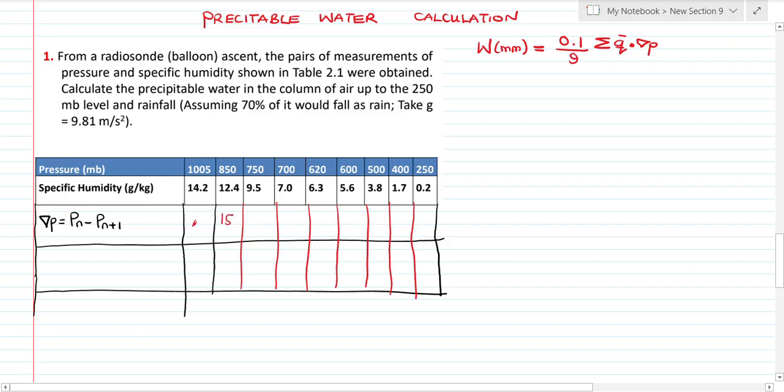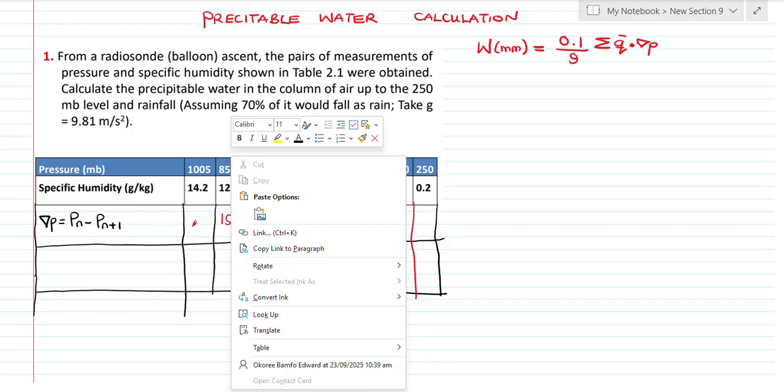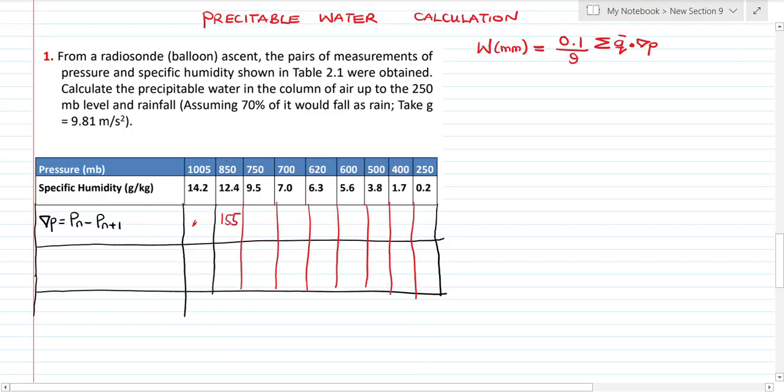That is 155. You get it? I'm sorry, that will bring some form of confusion, so let me write it here.